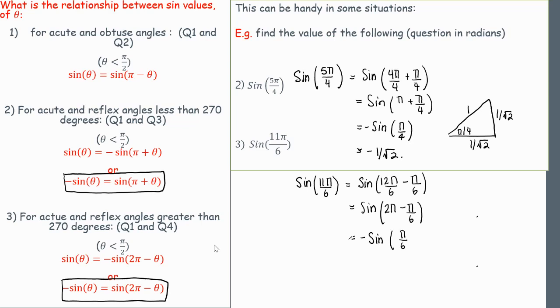My theta here is pi on 6. So I get that sine of 2 pi minus pi on 6 is equal to negative sine pi on 6. I know what sine pi on 6 is using, again, right angle triangles and a little bit of a trick. So I get that sine 11 pi on 6 is equal to minus a half.